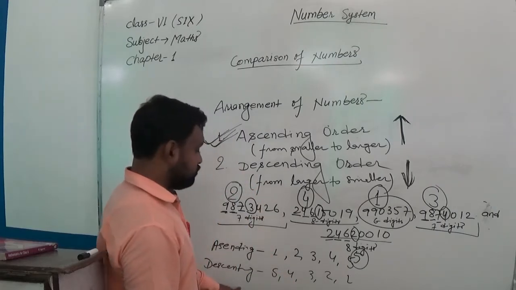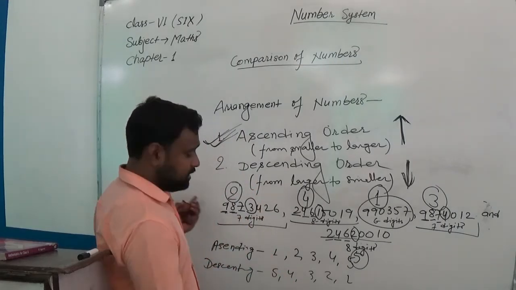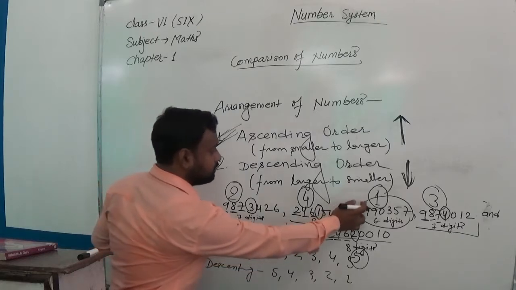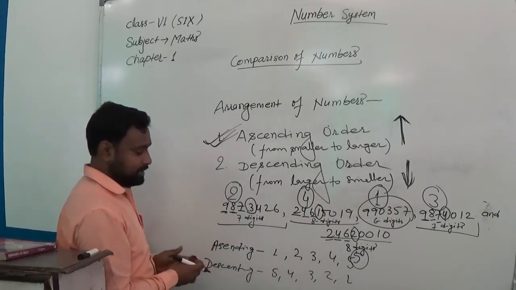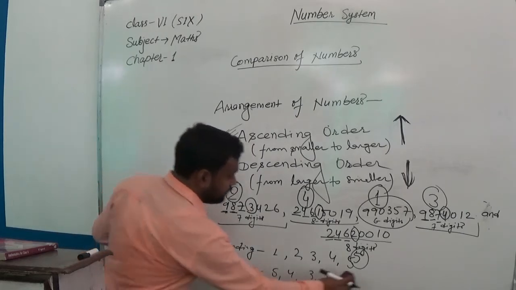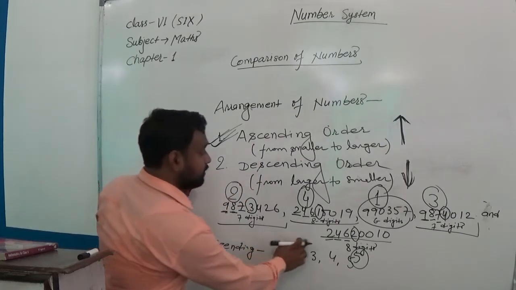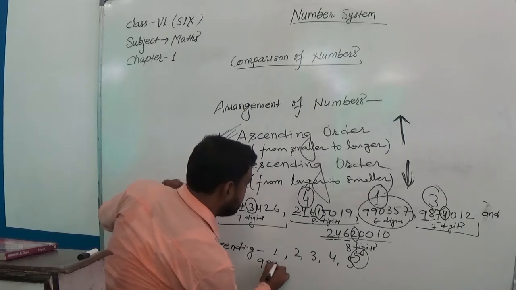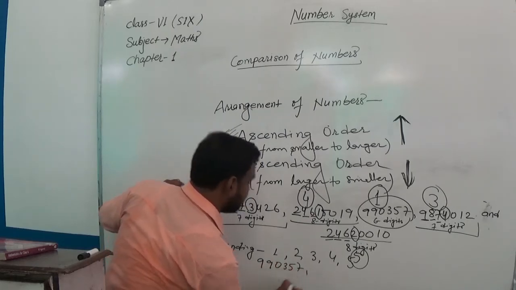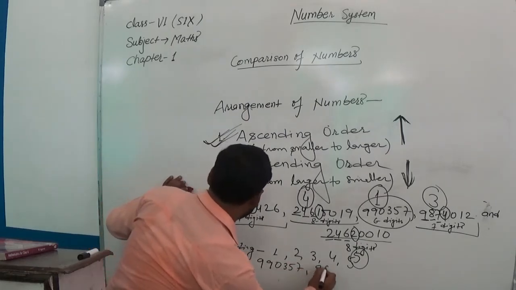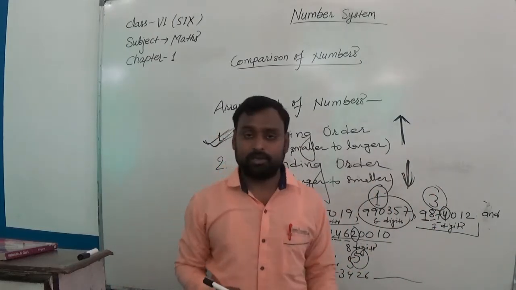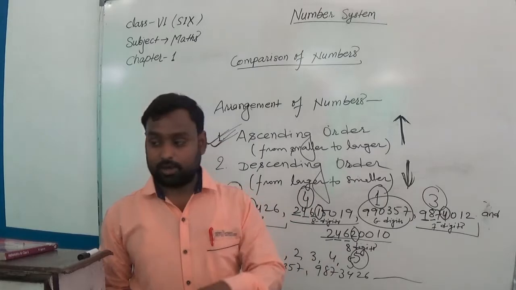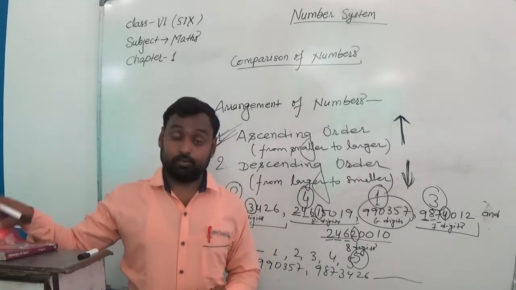Easily. What will be your answer in ascending order? For your convenience I am writing here. 1 means 990357, 2 means 9873426 and so on. In this way you can solve exercise 1B.